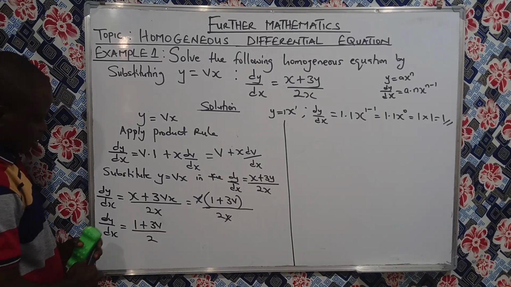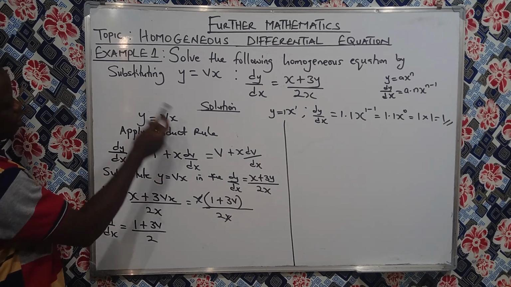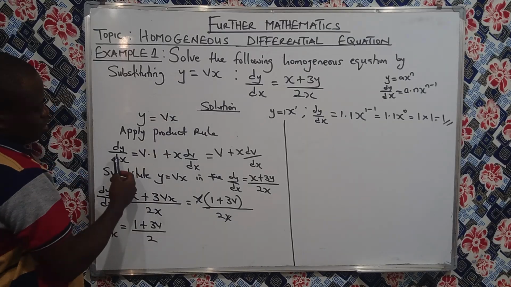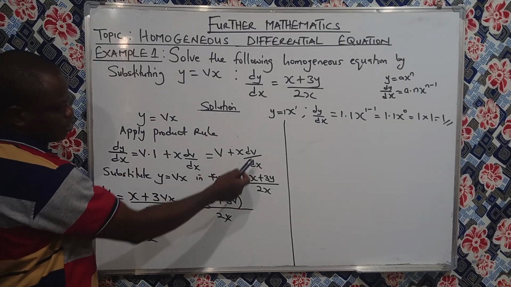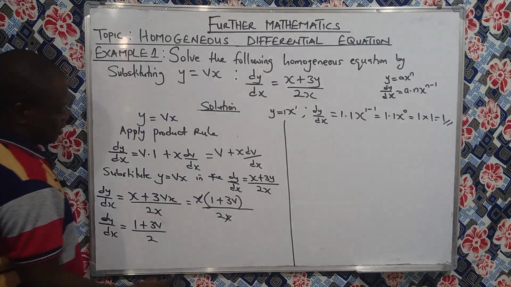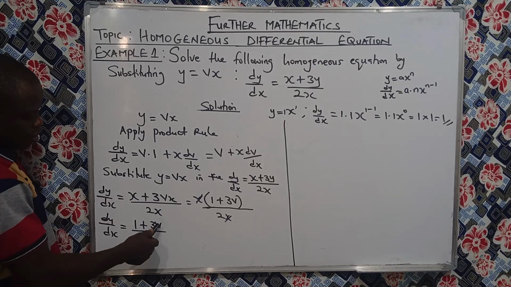Can you see now that you have two expressions for dy/dx? When we differentiate, you have dy/dx equals v plus x dv over dx, and also you have dy/dx equals 1 plus 3v over 2.